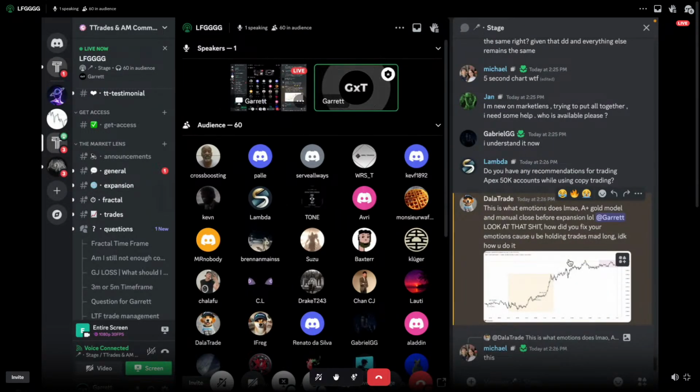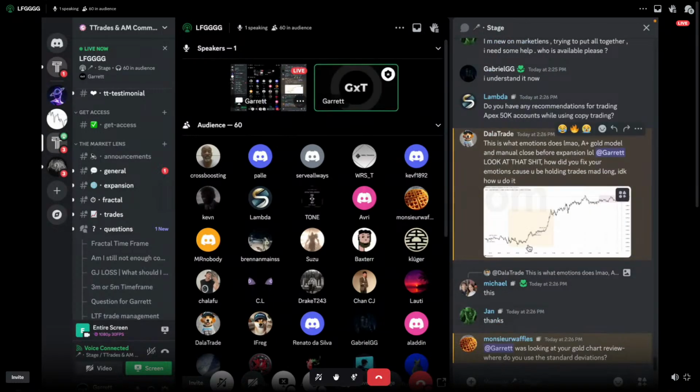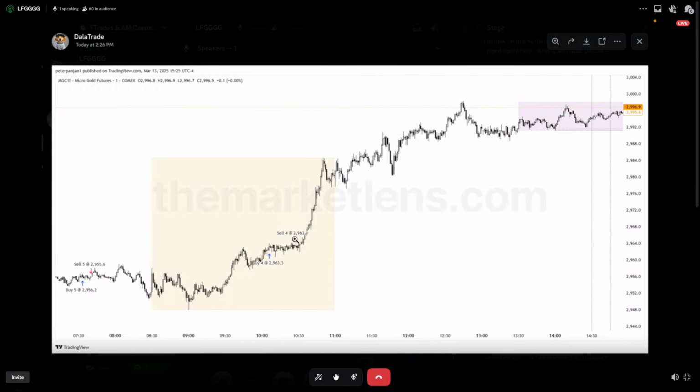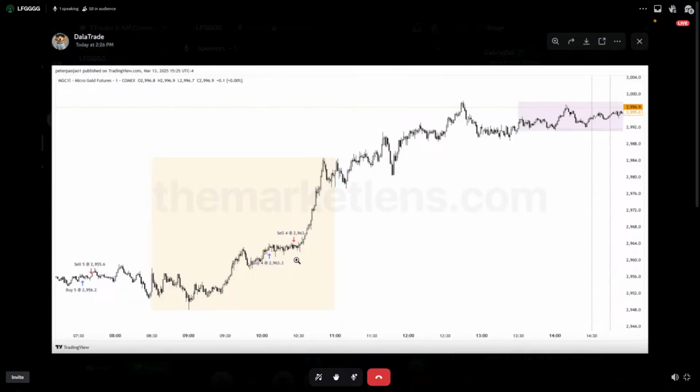This is what Motions does. A+ gold model and manual close before expansion. Oh, look at that. Why? Oh, just because it was chopping? You're watching on the 1 minute. Why are you watching on the 1 minute? Bro, think about everything leading up to that entry. The daily profile, etc. All that stuff is aligned, and then you're thinking that's going to reverse from 1 minute PA.